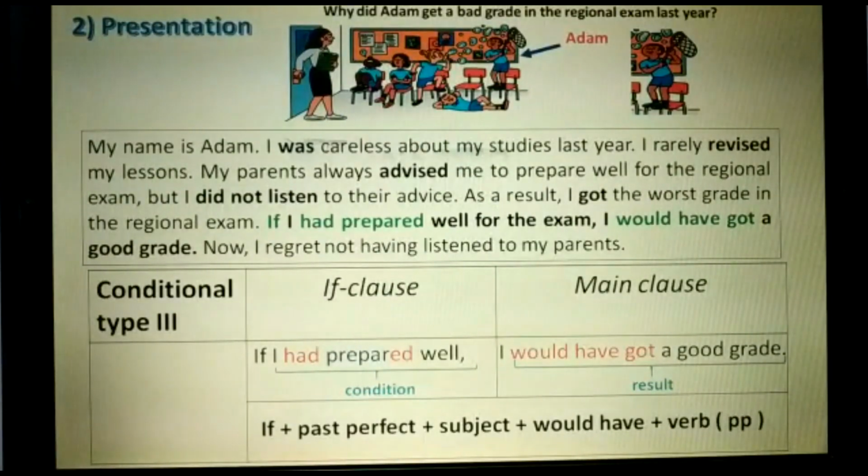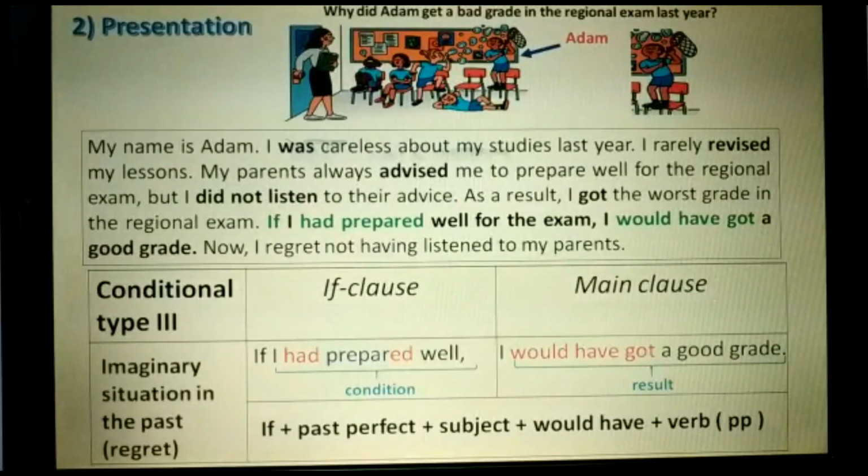So why do we use conditional type 3? We use conditional type 3 to talk about an imaginary situation in the past, or let's say to express regret. Okay? So here in this sentence, Adam just imagines what would have happened if the situation had been fulfilled.